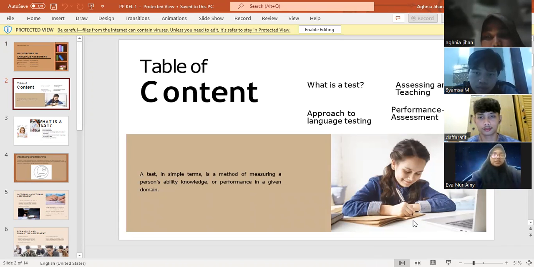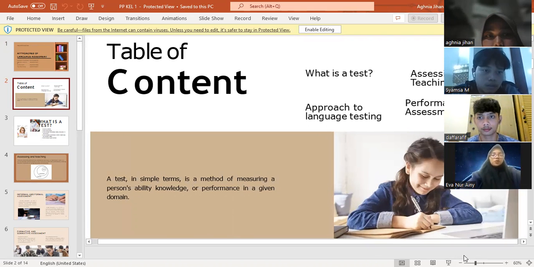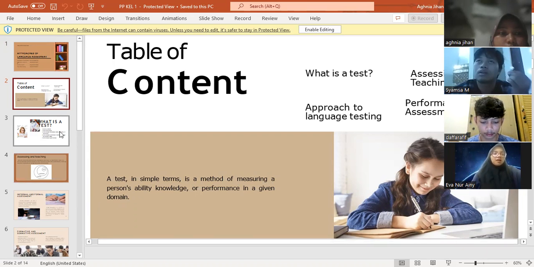The first is what is a test, and the next is assessing and teaching, which will be performed by Syamsa. Approaching language testing will be performed by Daffa, and performing assessment will be performed by Aghnia.